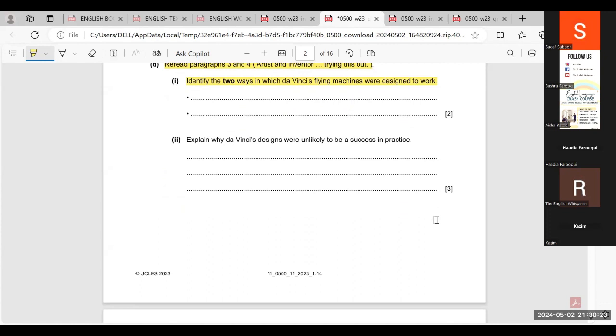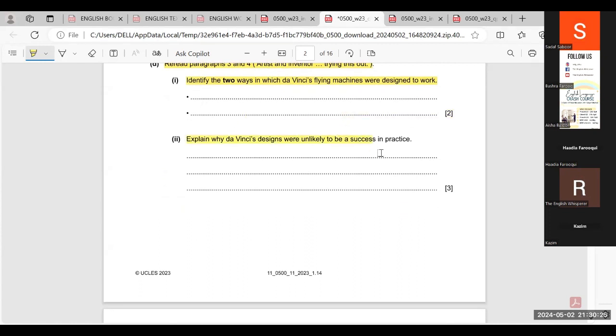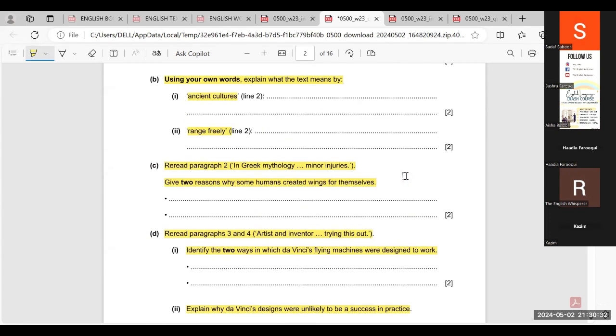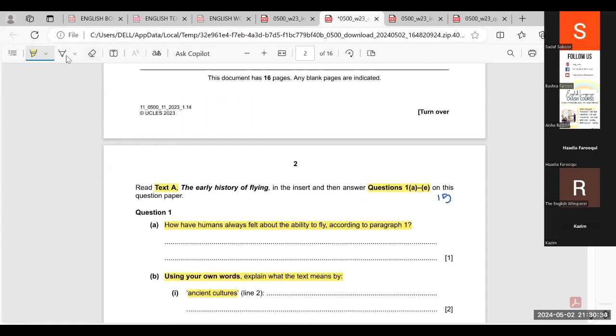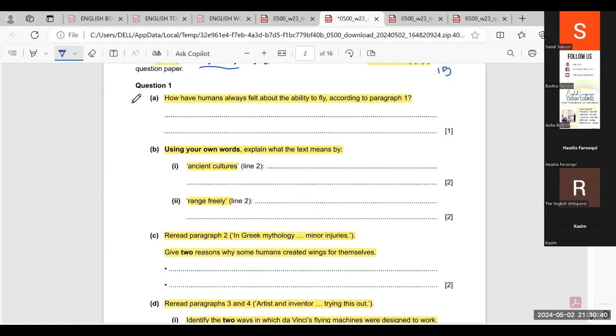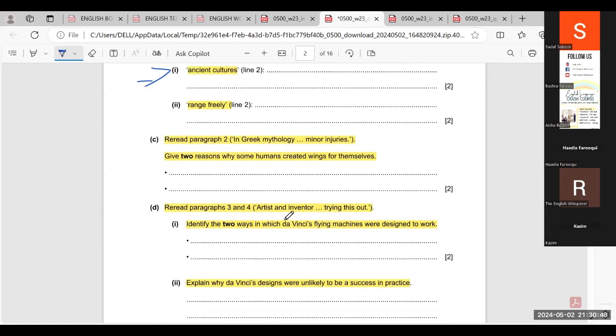So we ignore everything and we think about, okay, so now just by reading the title, what happens? You understand that it's about early history of flying, yes, well, the name of the passage told us this, but it actually gives you a clear idea about what sort of words you will have in the passage.